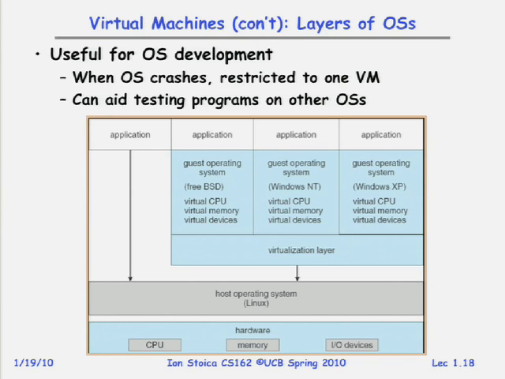Very good. VMware will provide the illusion of an entire machine on which you can run a full-fledged operating system. Like FreeBSD, Windows NT, Windows XP running side by side. And of course, you can have applications running on the host operating system.